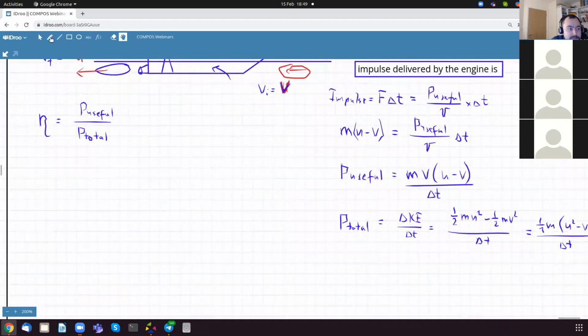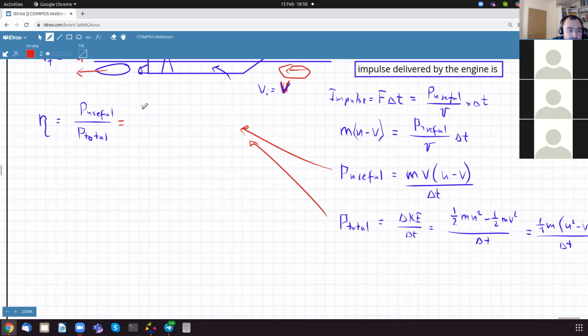And you plug that in. So you put that into here. And we get useful, which is m v (u minus v) divided by delta T, over 1/2 m (u squared minus v squared) divided by delta T. Delta T cancels out.